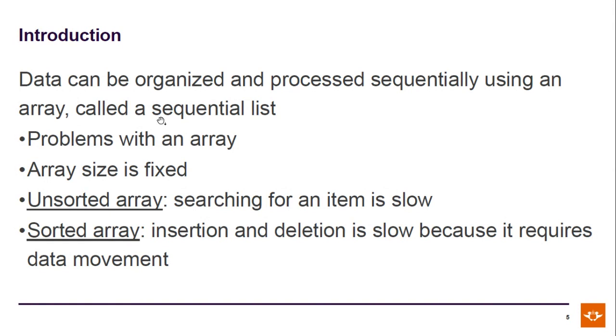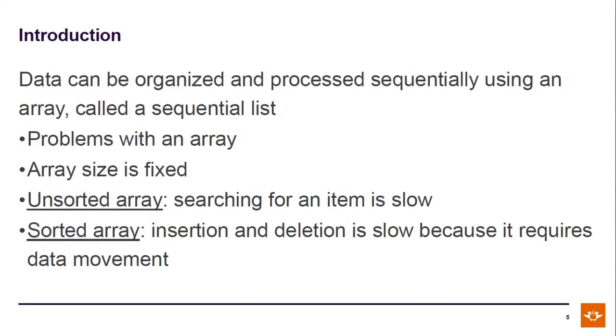An array is a sequential list in the sense that in memory, an array is stored as contiguous blocks, right? So it's one block after the other. To put it simply, it's a sequence of memory addresses that follow each other. The memory addresses are literally next to each other.